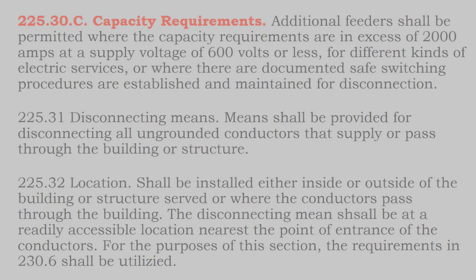Disconnecting means shall be provided for disconnecting all ungrounded conductors that supply or pass through a building or structure. And so if you are penetrating through a building between your generator and your battery bank, or your generator and your service wall, or your solar array and then into your building, there needs to be a disconnect.